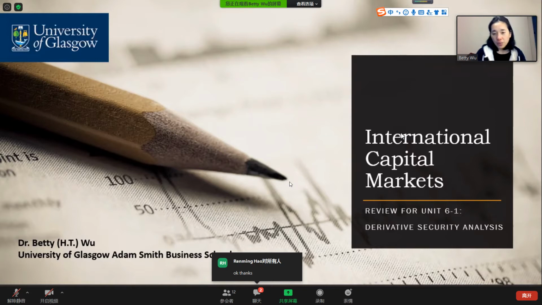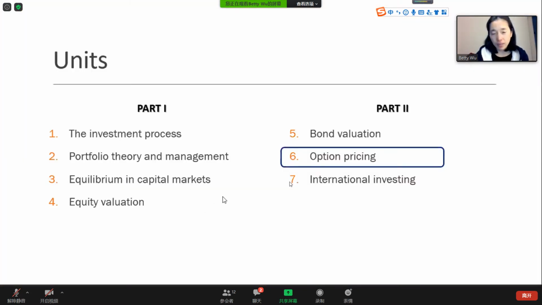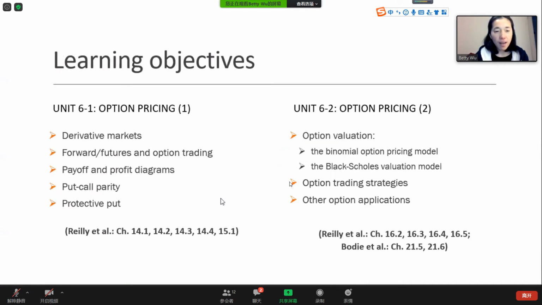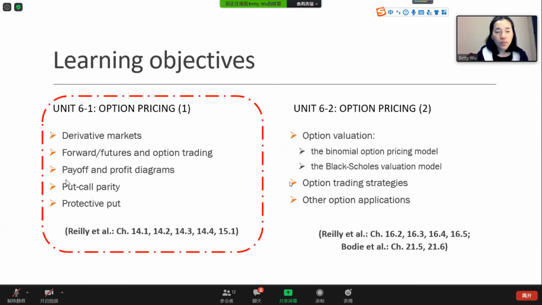Okay, so derivative security analysis, options. And specifically today, this is what's for today. Okay, so again, we start with a broader discussion or the big picture, and then we will move on to payoff and profit diagrams.